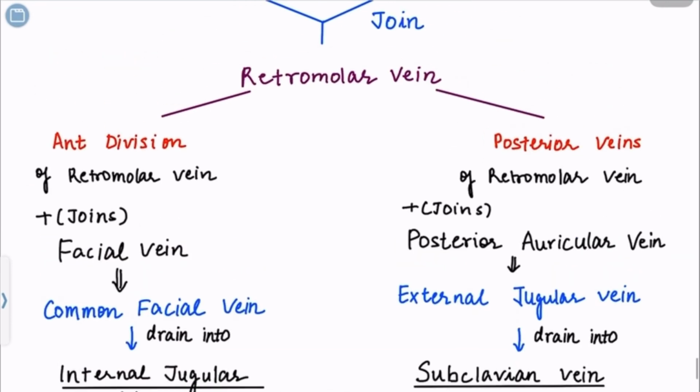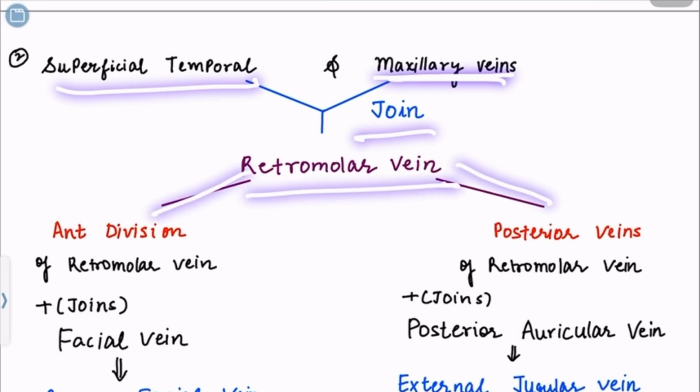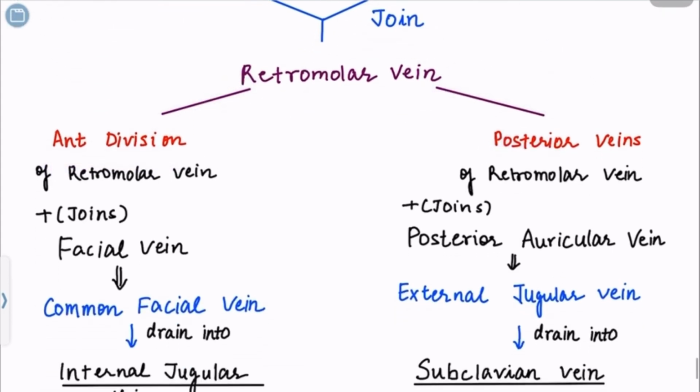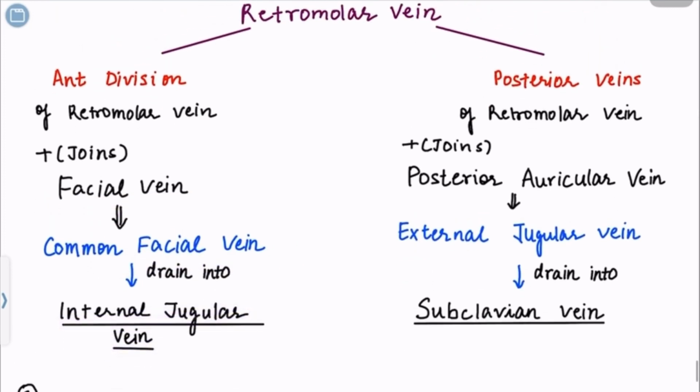So let's revise this. Superficial temporal vein and maxillary vein, they join and form the retromolar vein. Retromolar vein has 2 divisions. One is the anterior division, then second is the posterior division. The anterior division of retromolar vein joins with the facial vein to form the common facial vein, which drains into the internal jugular vein. Now let's see the posterior division of retromolar vein.